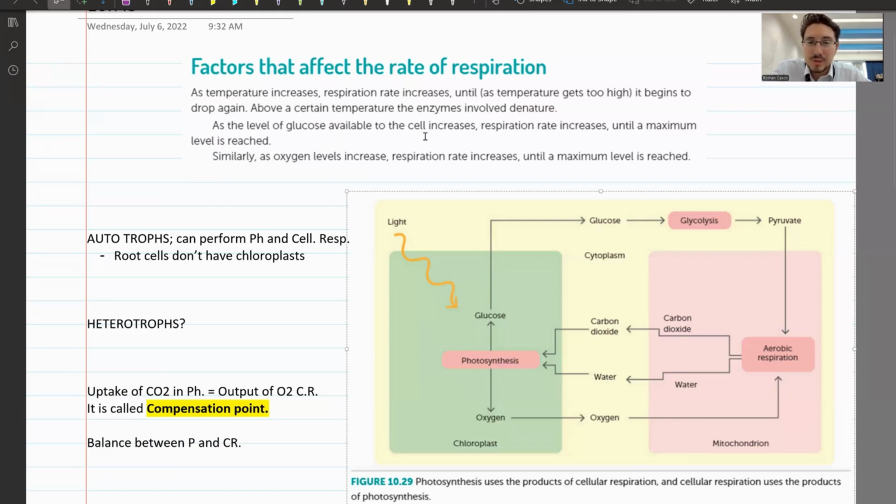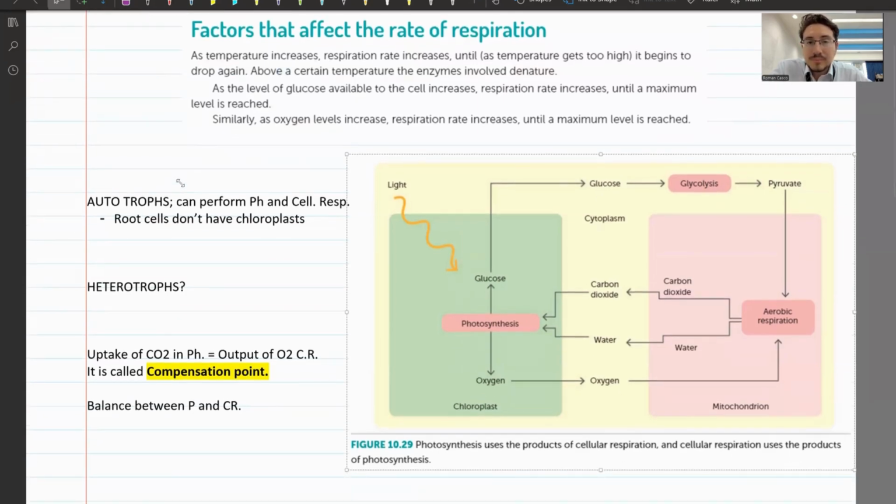So you will reach a saturation point, right? That goes along with glucose. The same thing goes with oxygen, right? It takes time for oxygen to come in and collect the electrons, for oxygen to go to the electron transport chain. So you will have a maximum also of respiration rate, right? Depending on these factors. Okay.